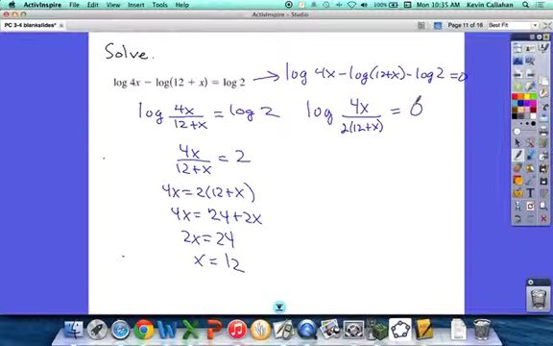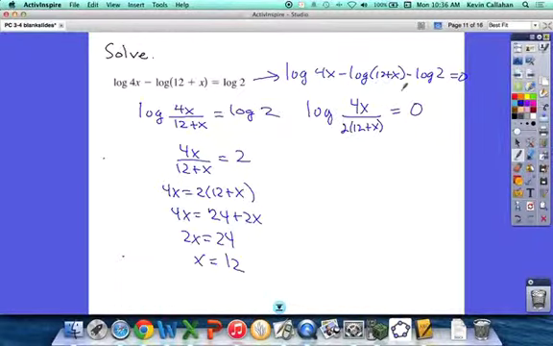So we put them all into one logarithm. That logarithm is isolated on the left. The next step would be to convert to an exponential. What would the exponential be? The base of the logarithm is 10.